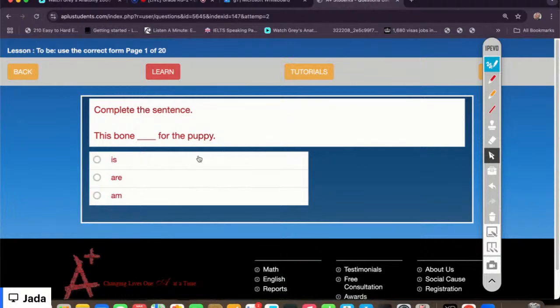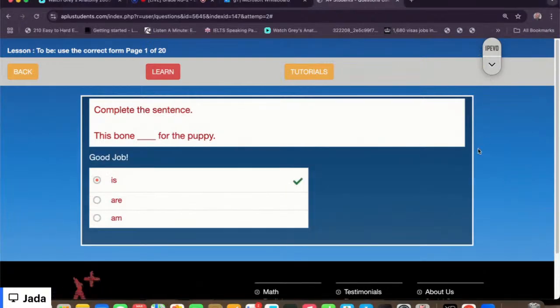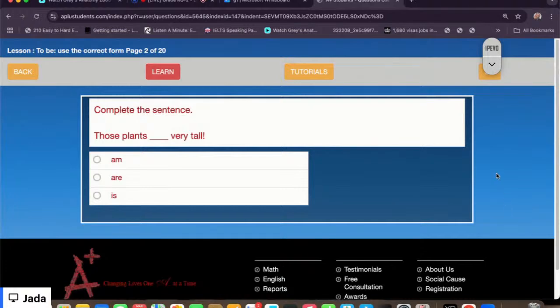So the bone is for the puppy because it's what? Present tense form. Those plants dash very tall. So is it am, are, or is? What is the right one here?